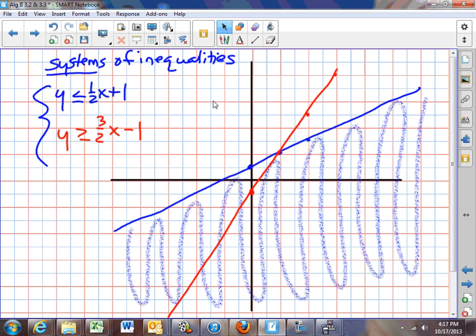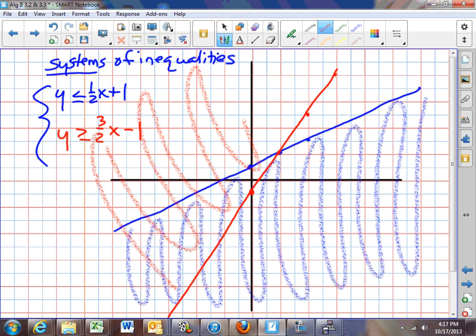And then again, we ask ourselves, what side of the inequality do we want to shade in? Well, again, let's try 0, 0. And if we put 0, 0 we get 0 is greater than or equal to negative 1, and that's true. So we want this side of this line.